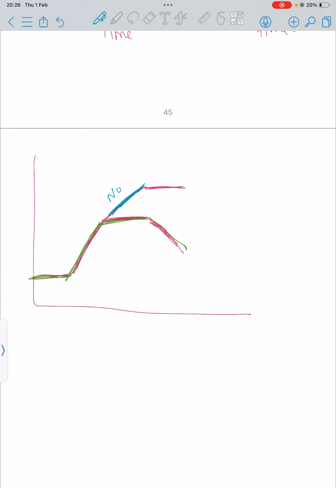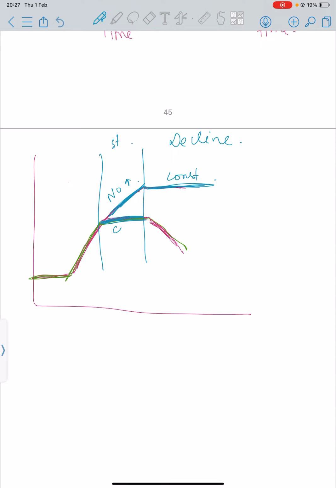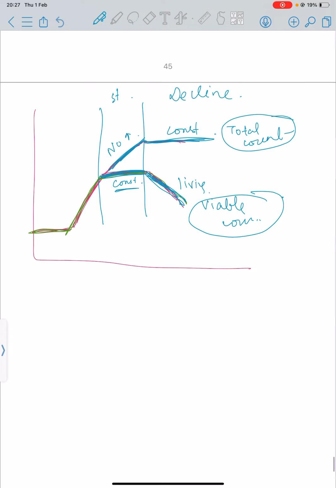Yes, because the number increases, and during the decline phase the number is not getting increased, so it is constant. But in case of viable count, in the stationary phase itself the count is constant, because the number of bacteria alive and dying are the same. And in decline phase the viable count decreases because the living count decreases. This is the total count and this is the viable count. I hope I could make you understand.